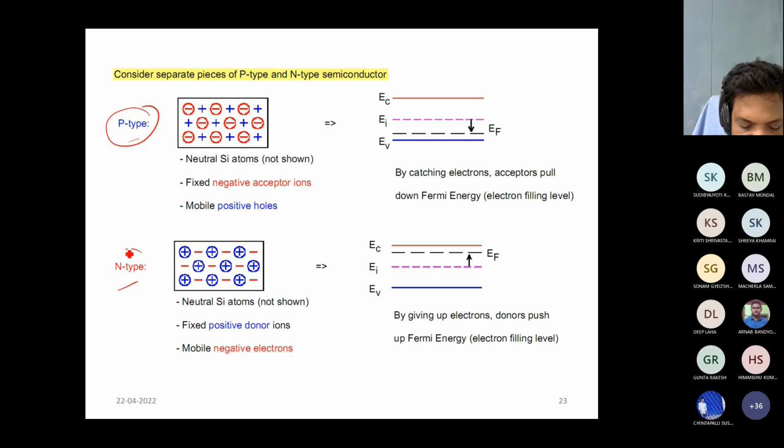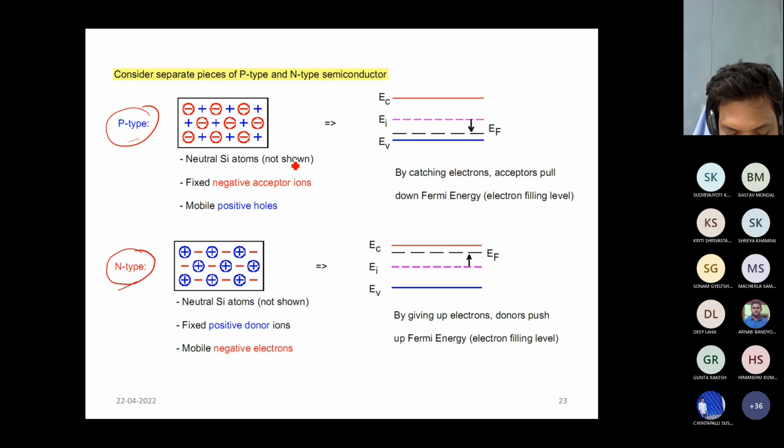Whereas for n-type semiconductor, donor atoms, that is the atoms of group 5 of the periodic table, are doped with silicon or germanium, and they donate electrons, and here there are more electron carriers as compared to holes. That's why it is called n-type semiconductor. So I'm not going into much detail there.